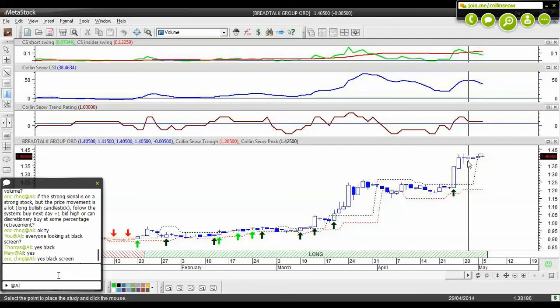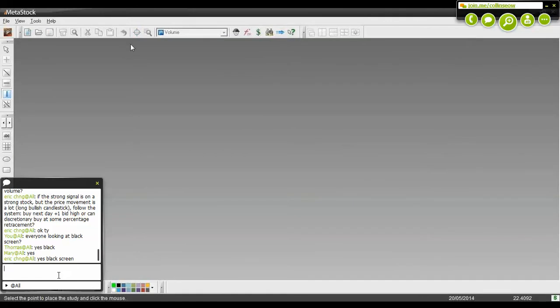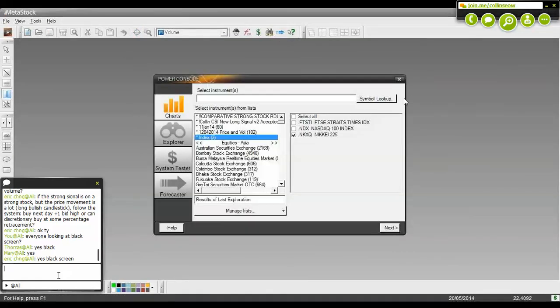So this one already has many signals. Let's say for example we go back to the 13th of March. It will have already appeared on the list also. So this BreadTalk has established a trend already, many signals already. Okay, let's take the next one.